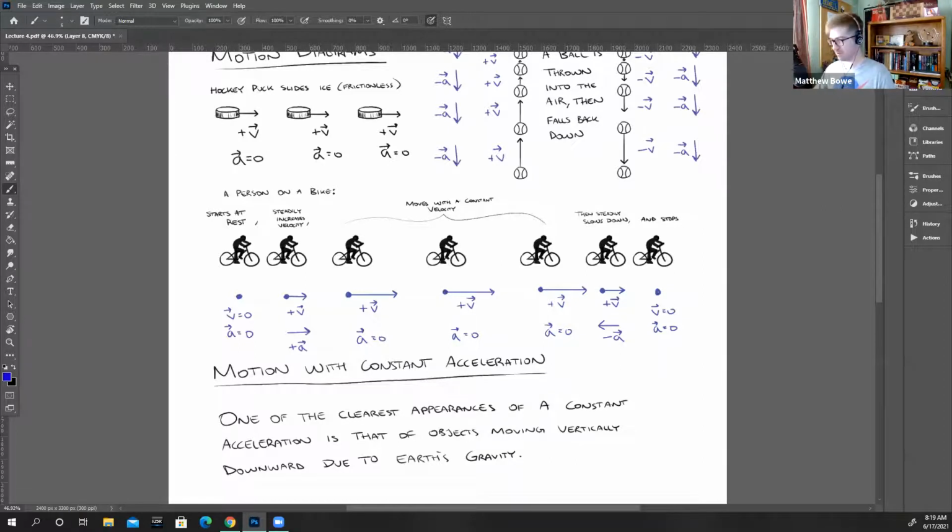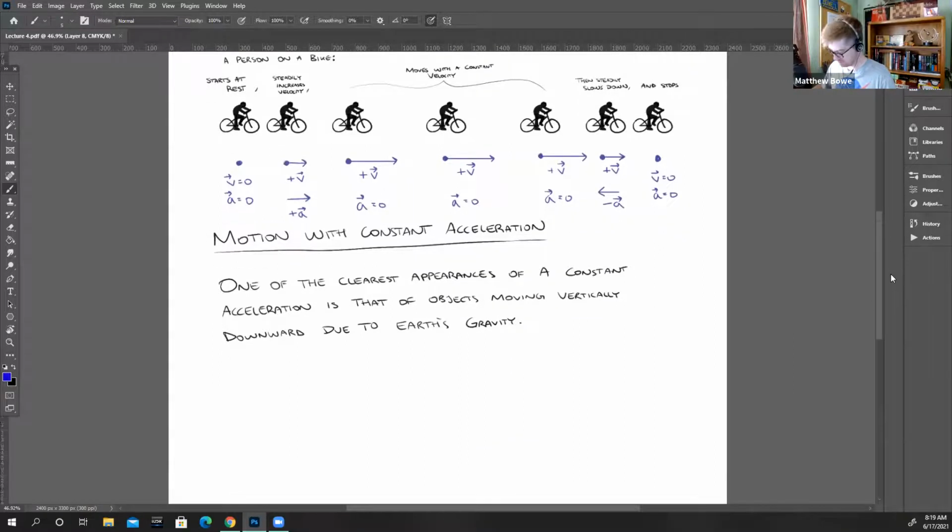One of the clearest examples is the acceleration due to gravity, or gravity itself is an acceleration downward toward the center of the Earth. And we all know that without really knowing physics.